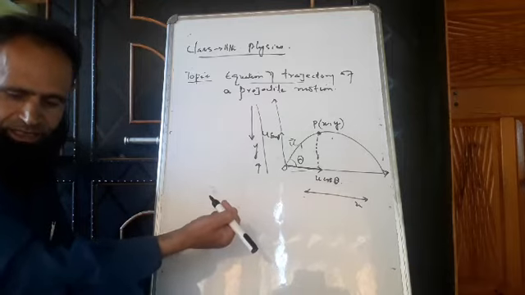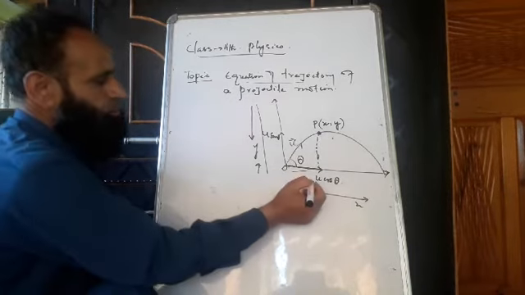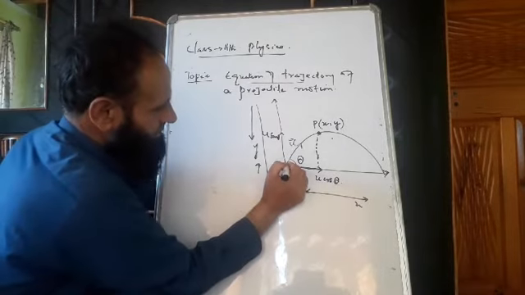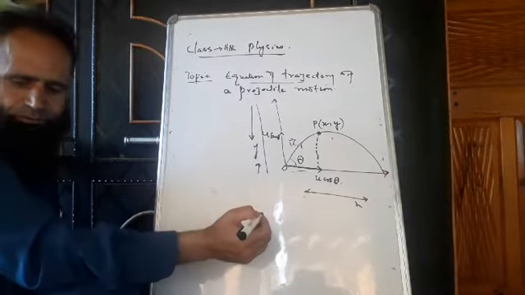Now the horizontal motion of this projectile is along this axis, and this is our vertical motion.